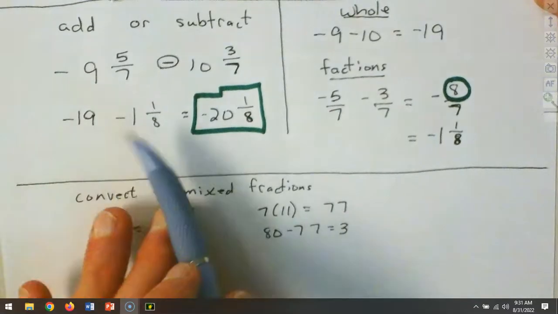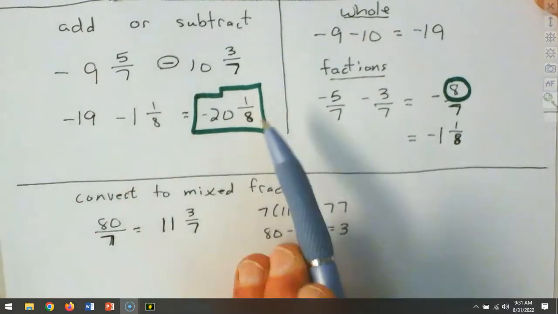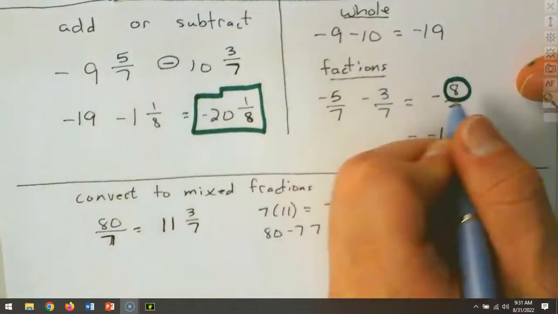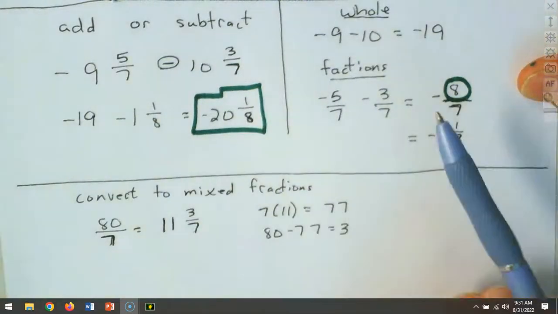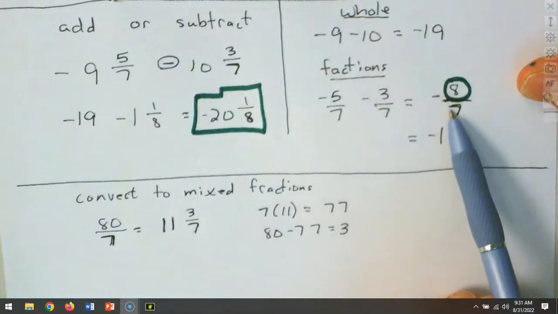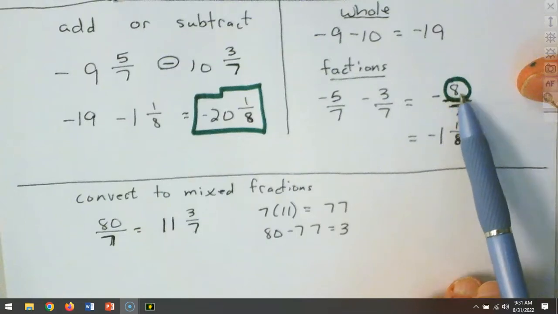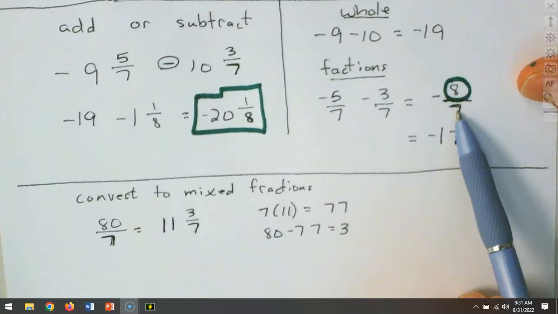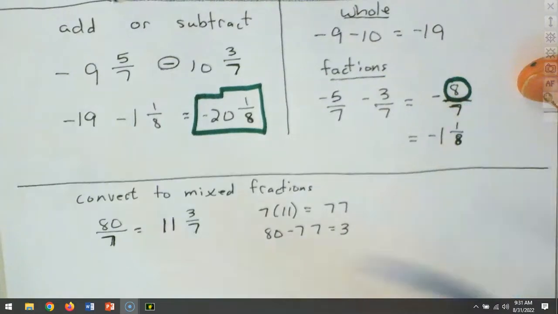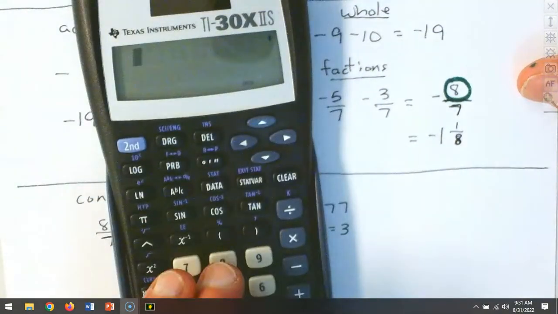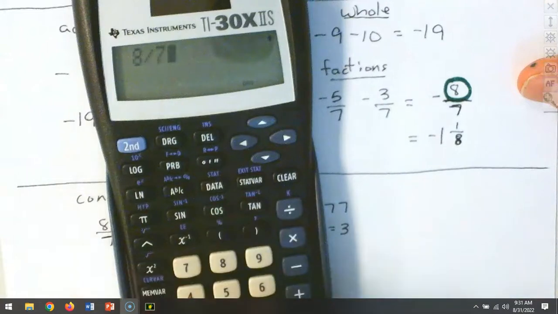Okay, this one, 1/8? Why did we put the 1/8 here? When I looked at this one, we have a minus 7/8. Now when we want our answer as a mixed fraction, the numerator, the top number, cannot be bigger than the bottom number. So I look at it and I say, okay, how is this going to work? And I'll do this one with the calculator so you'll see it as well. What's 8 divided by 7?